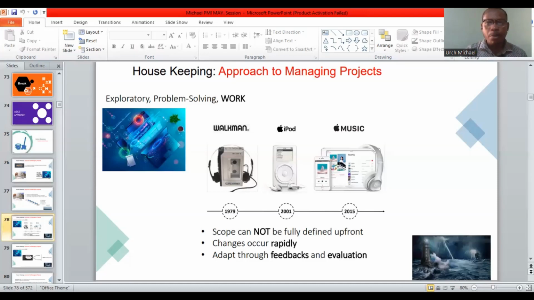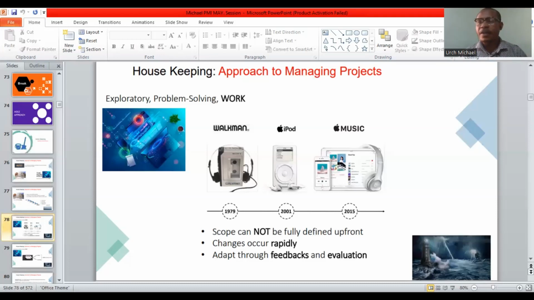After the rolling out of the iPod, they didn't stop there. They continued gathering information about the next phase. How is it going to be in business? What will be sellable in the markets? Then they came up with Apple Music in 2015, and it continues that way.